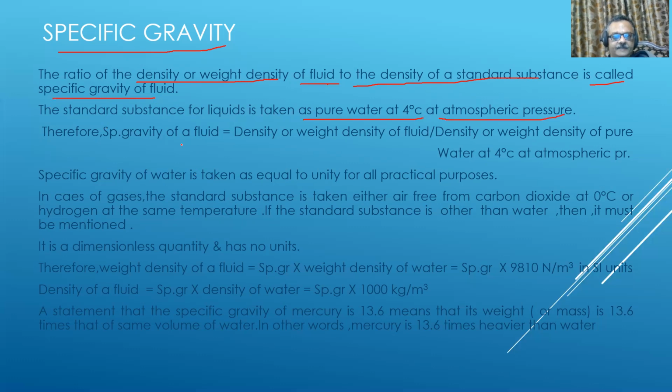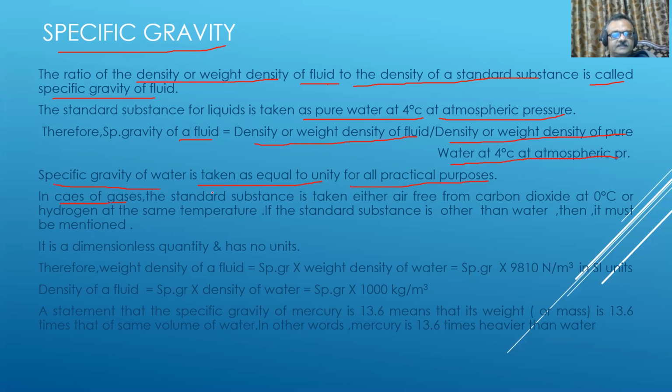So specific gravity of a fluid means density or weight density of fluid divided by density or weight density of pure water at 4 degrees centigrade at atmospheric pressure. So specific gravity of water is taken as equal to unity for all practical purposes.